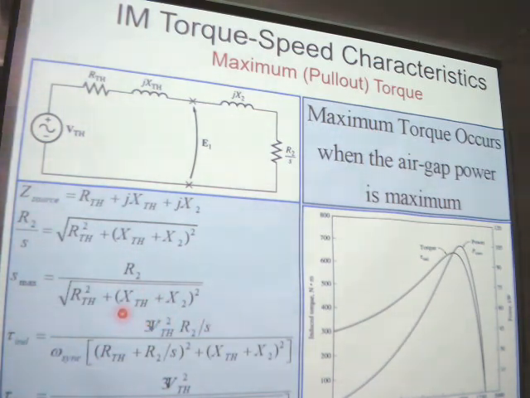We see the slip is independent of the voltage. You don't see voltage in this equation. There's no voltage here, so it's independent of the voltage. It's just a function of R2 and the leakage inductance.